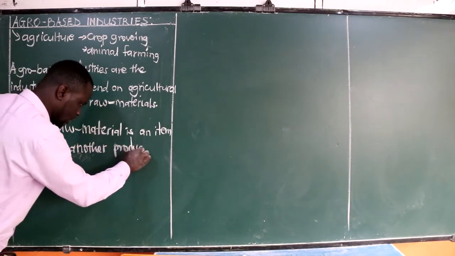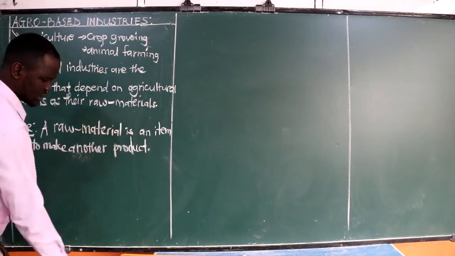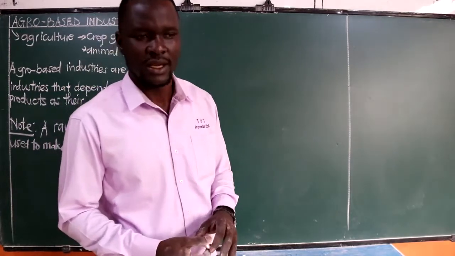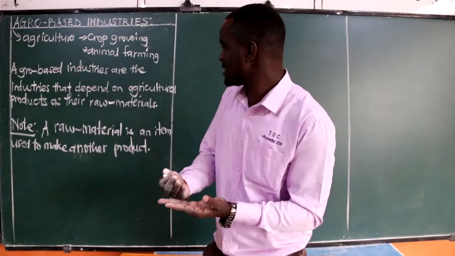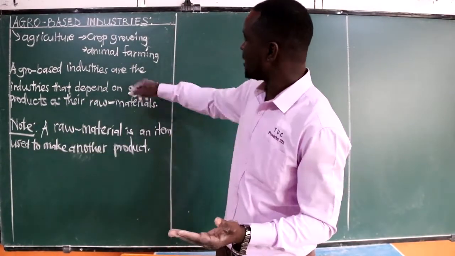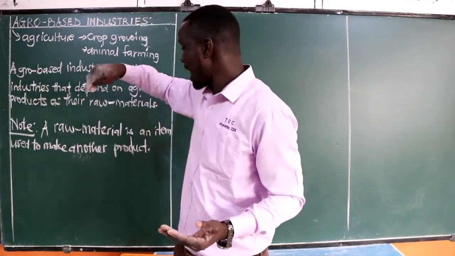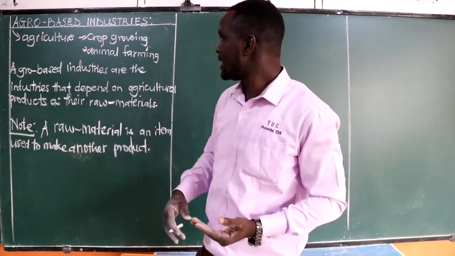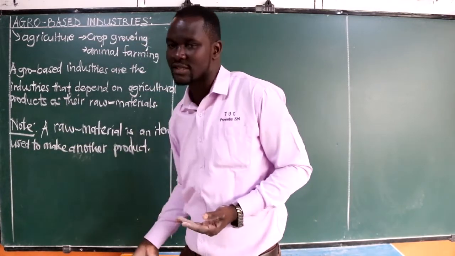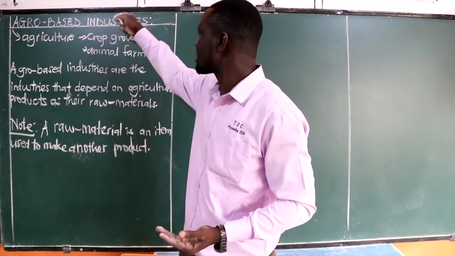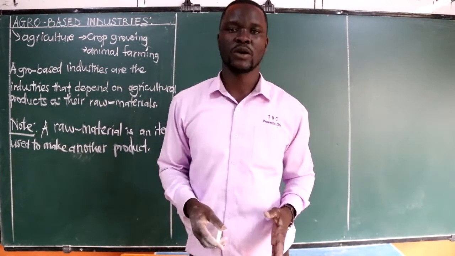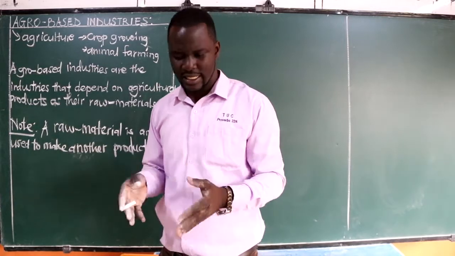The other time we call these products finished goods. So these products that we are looking at are from agriculture, and they are used to make other products. They are processed in these factories, in these industries. Those industries that use them are the ones we call agro-based industries.